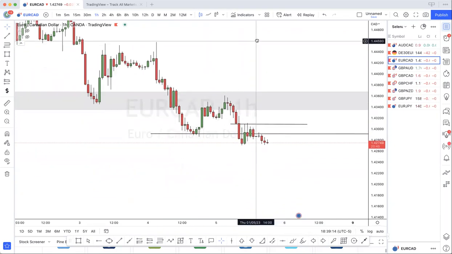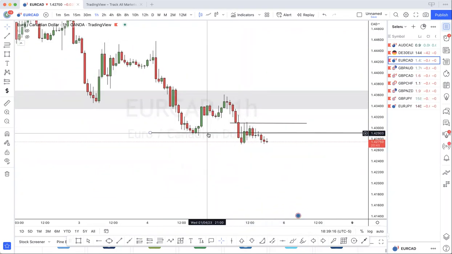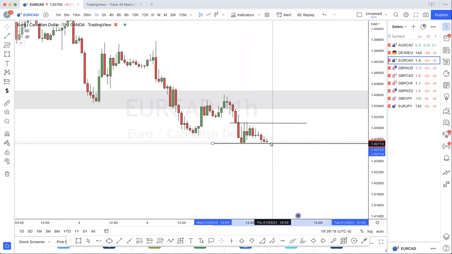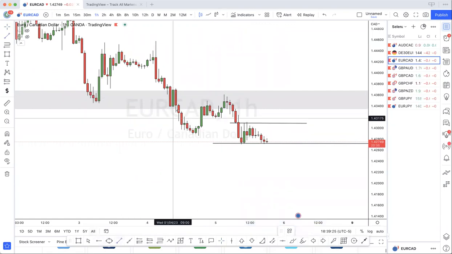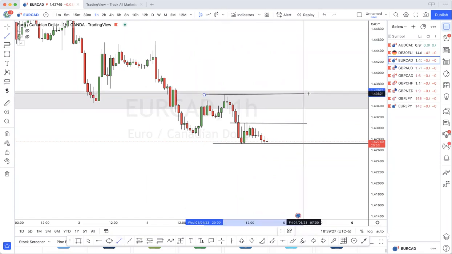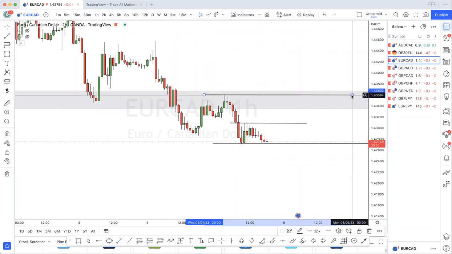It's currently within this order block. So you definitely want to wait for price to either break here or come and break up here. Okay.